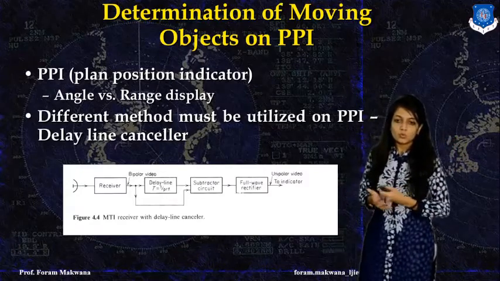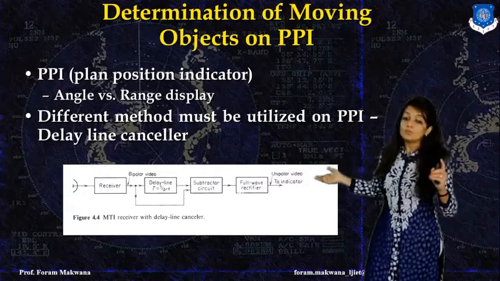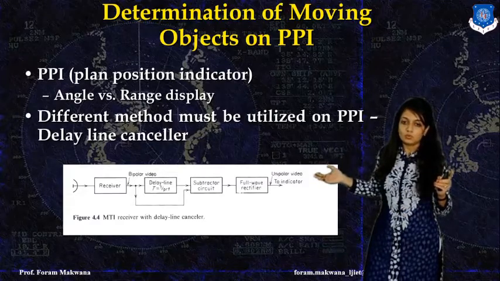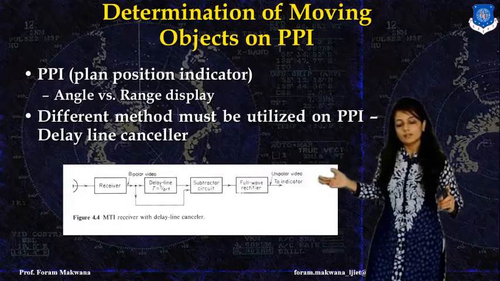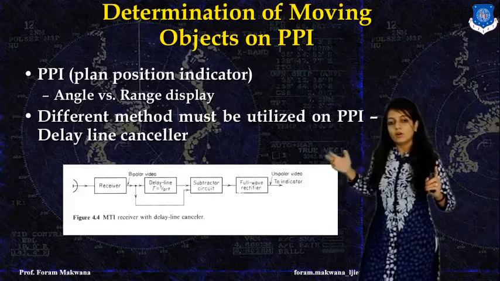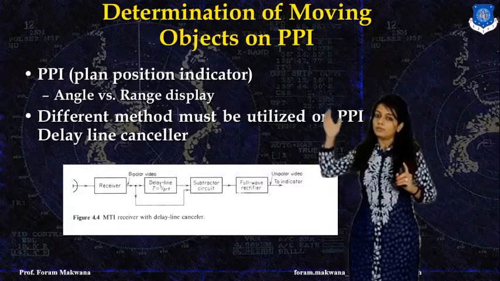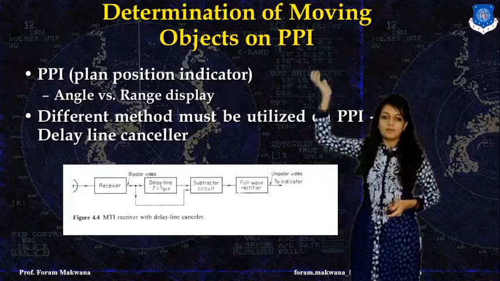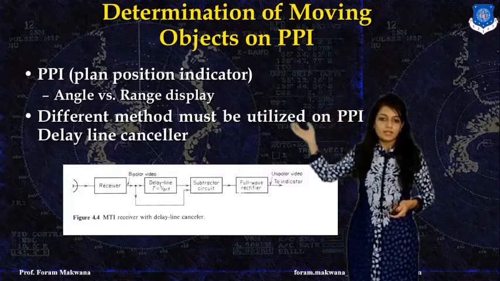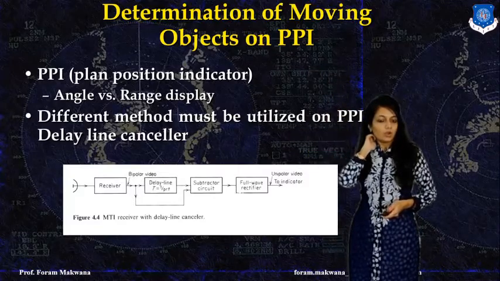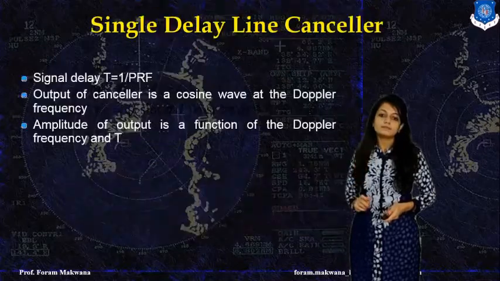Alright, so this will give you a unipolar video to the indicator. The signal of the moving object is going to be indicated on the PPI. Okay, that is a display. That indicates whether the target is moving or not, right?